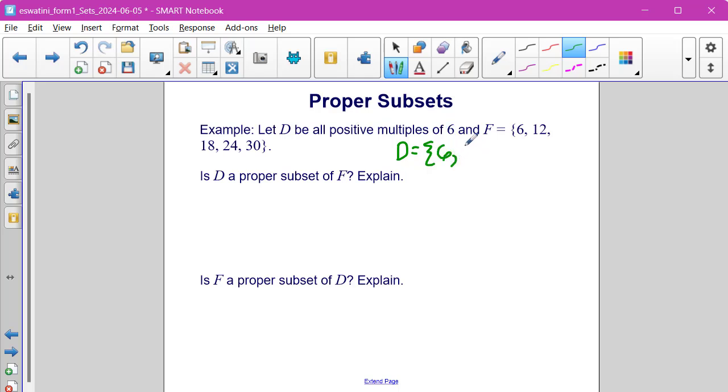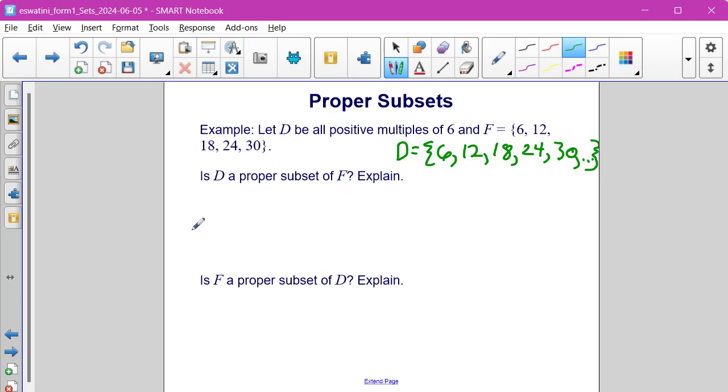So we have 6, 12, 18, 24, 30, and so on. And we have set F as 6, 12, 18, 24, and 30. So is D, this one that keeps going, a proper subset of F?